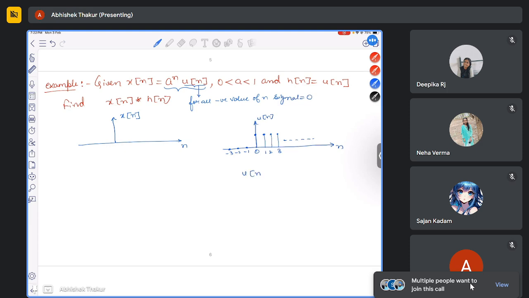So u[n] is equal to 1 for n greater than or equal to 0 and 0 for n less than 0. Okay. So this is the definition of the unit step function.